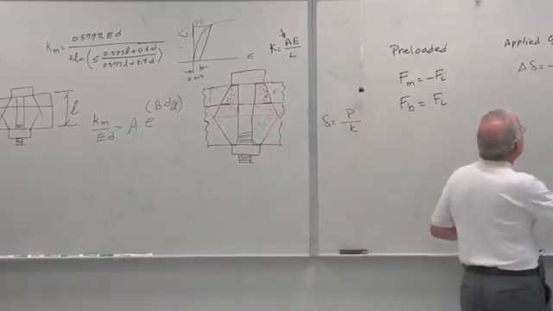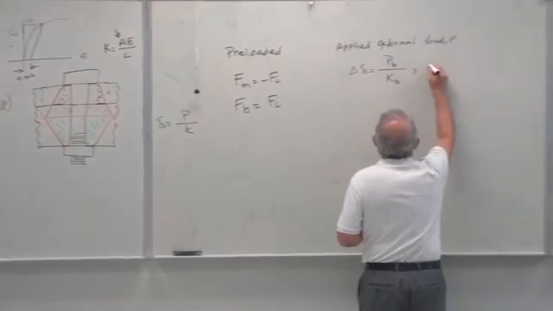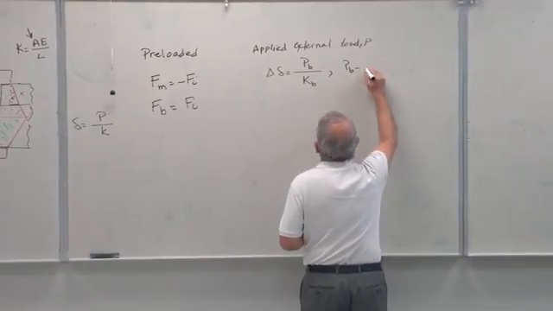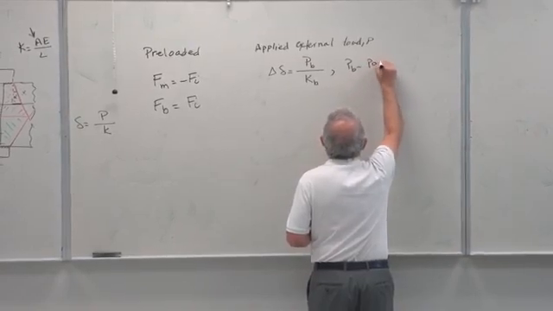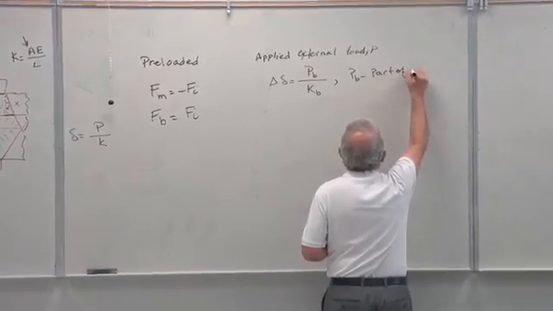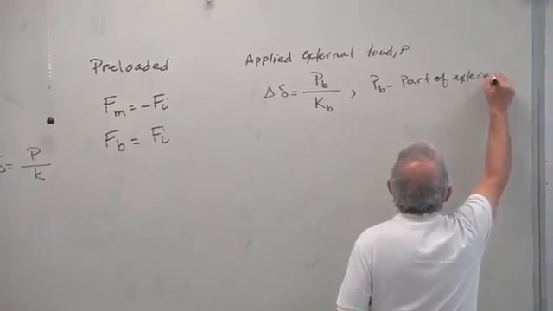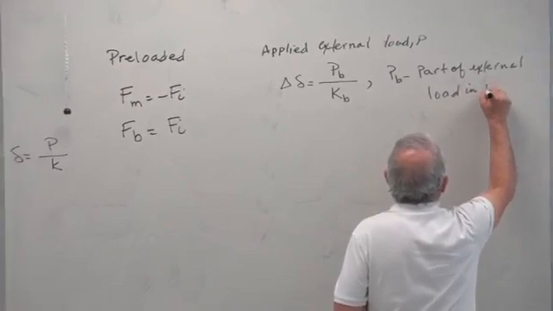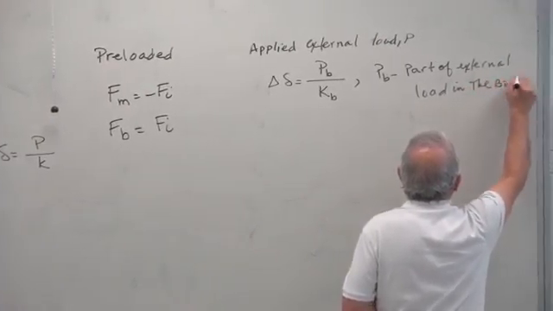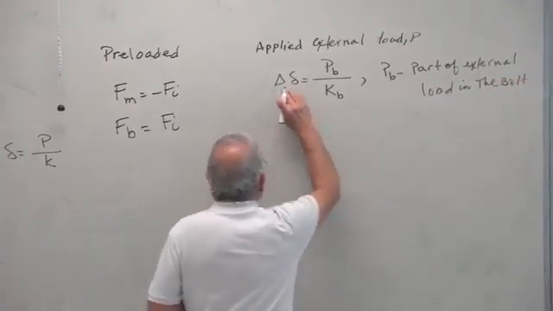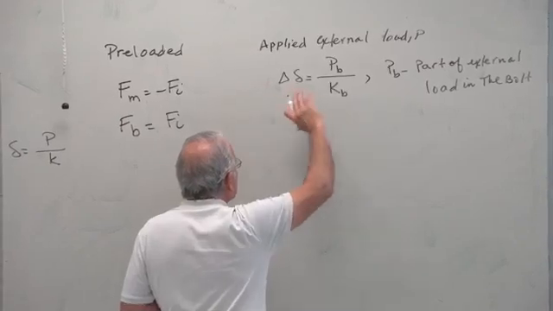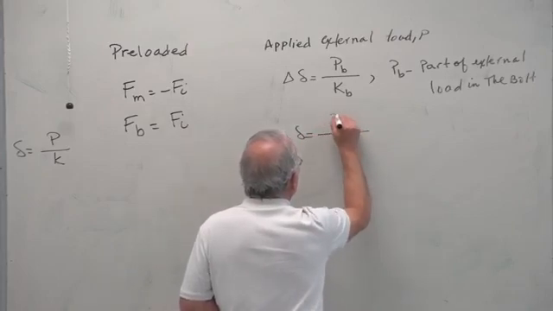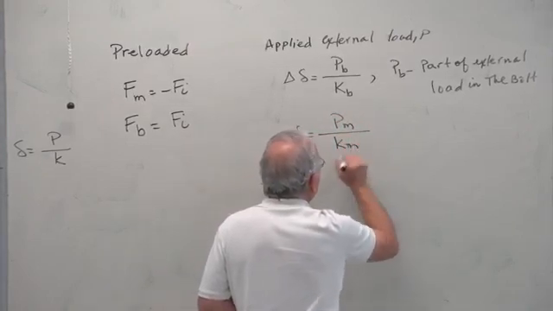And where in here PB is part of the external load in the bolt. The same deformation is added to the deformation of the member. Delta delta is equal to PM over Km.